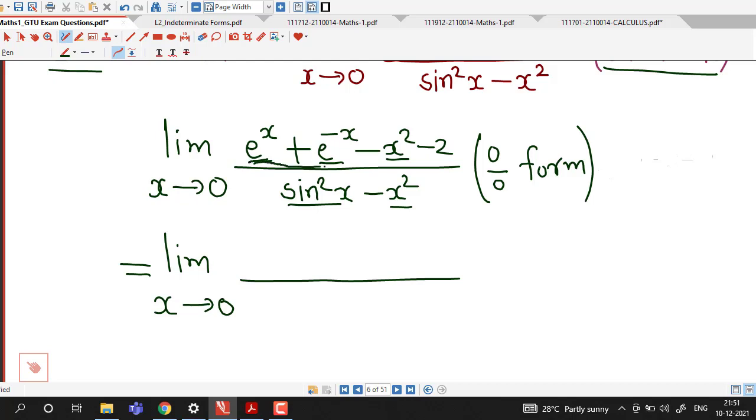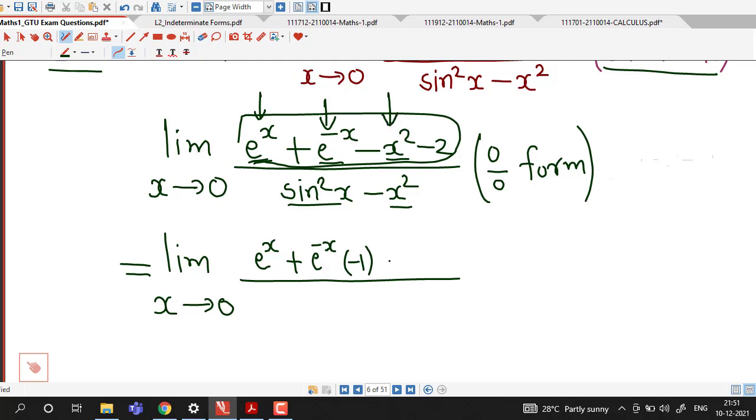So first we write down the derivative of the numerator in the numerator here. The derivative of e^x is e^x, the derivative of e^(-x) is e^(-x) times minus 1, minus the derivative of x^2 which is 2x, and the derivative of 2 is 0.